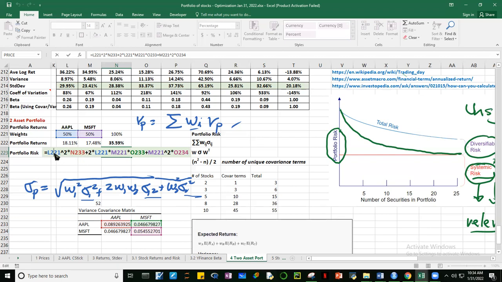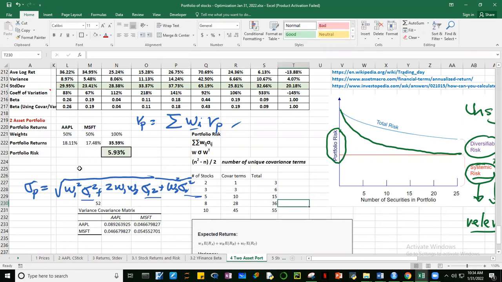Check natin yung formula natin. W1 squared times, okay, two times W1 times W2 times, okay, squared times W2.